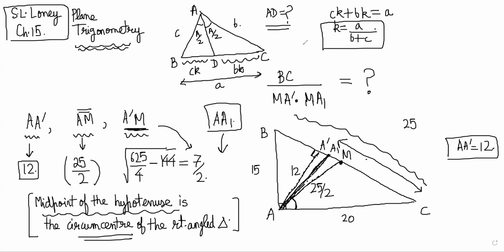Anyone who hasn't seen the proof, I hope you are paying attention right now. If there is a doubt, please ask me. So what I'm basically finding is BD. BD is CK. So it is ca by b plus c. Right? So I know the length BD, which is ca by b plus c.